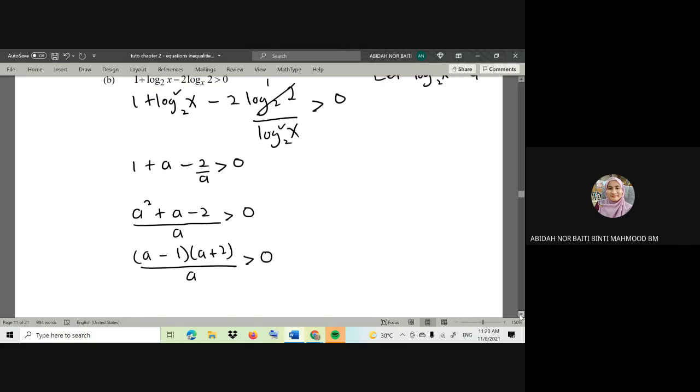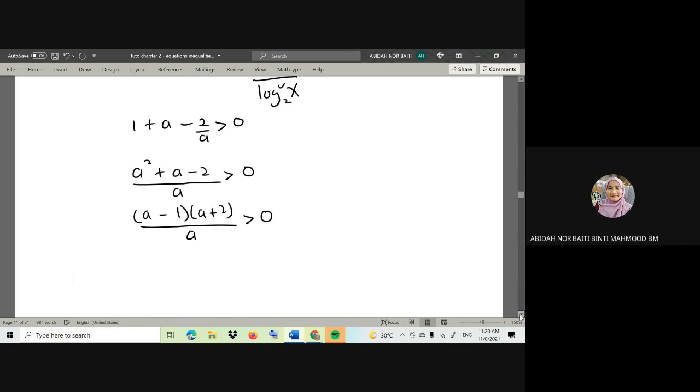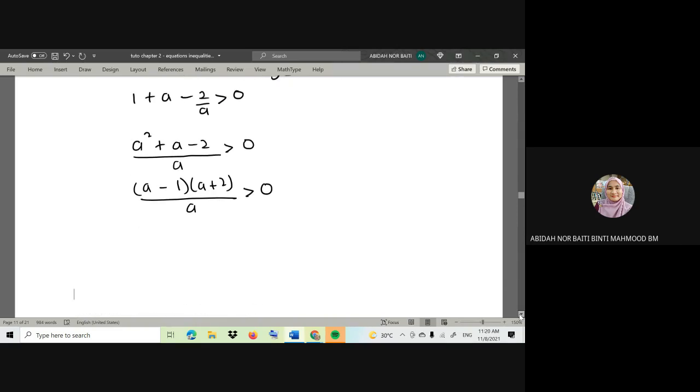Okay. Then this is rational inequalities. We use the table of sign method. Determine your values of a. At your numerator, your values of a are 1 and minus 2. Value of denominator is 0. Okay.